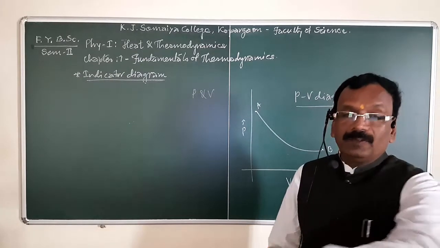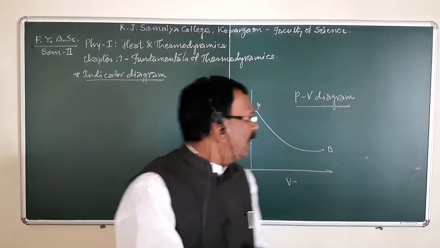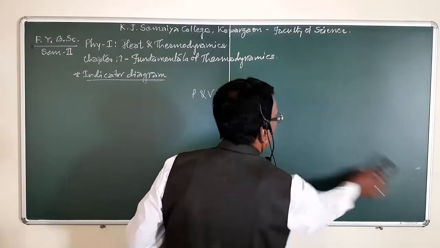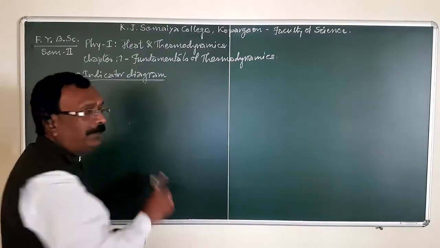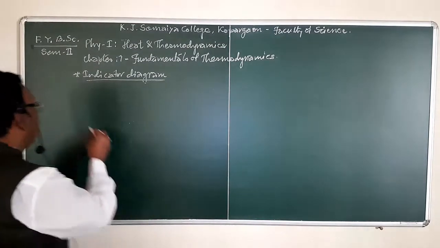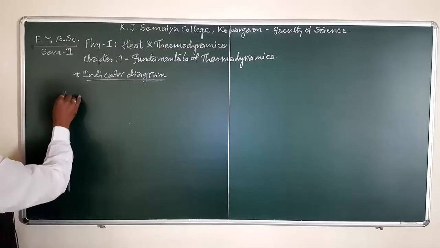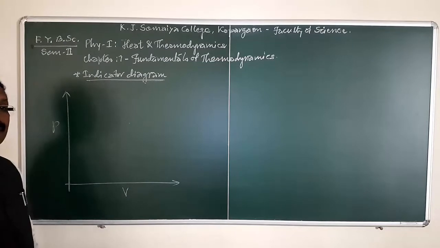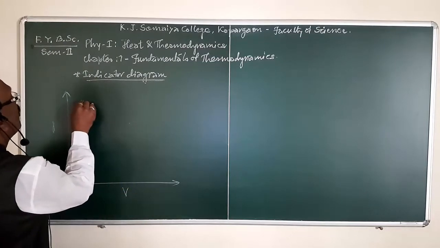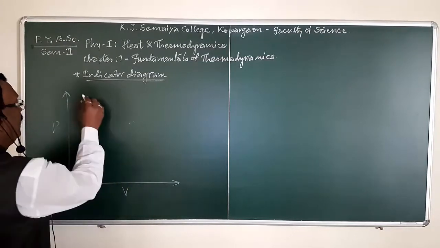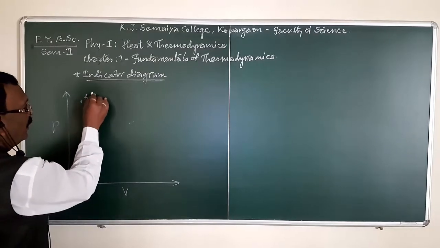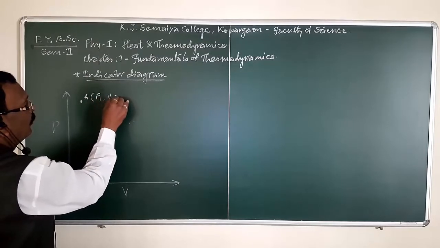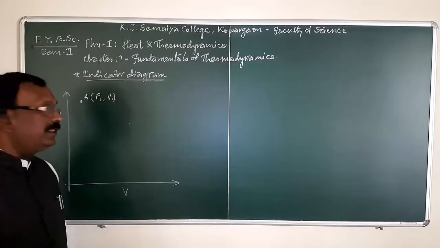Okay. Now, the PV diagram for expansion and compression may be represented like this. If along y axis we consider the pressure P, and along x axis we consider the volume V, then suppose this is the initial state of the system, which is represented by the point A, where P1 is the pressure and V1 is the volume of the system.